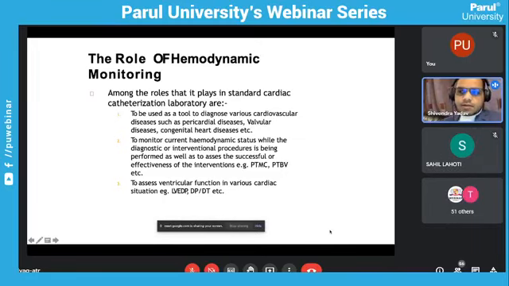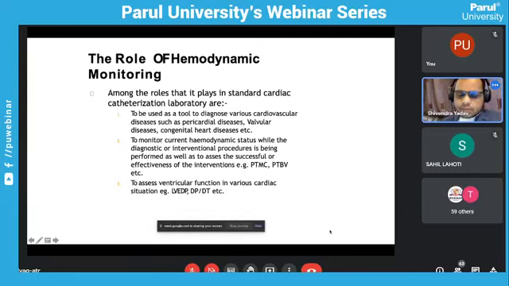Pericardial diseases, because at that time CT and MRI were not very developed. They used to see the pressure in every cardiac chamber, especially the ventricles, and diagnose if the patient had constrictive pericarditis, restrictive cardiomyopathy or any other cardiomyopathy. Then any pericardial tamponade or anything else.